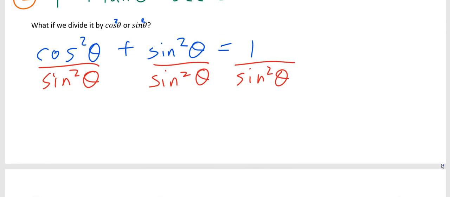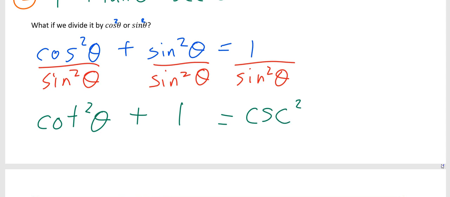What happens? Cotangent squared theta plus 1 equals cosecant squared theta.